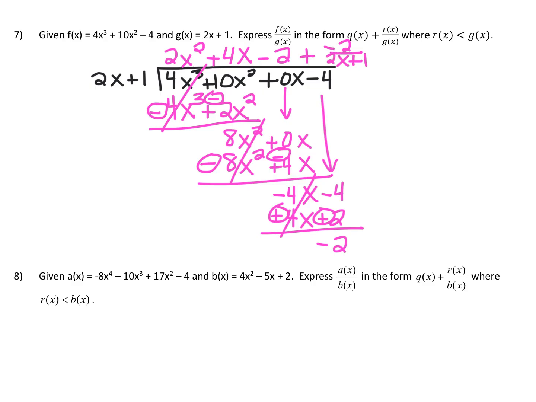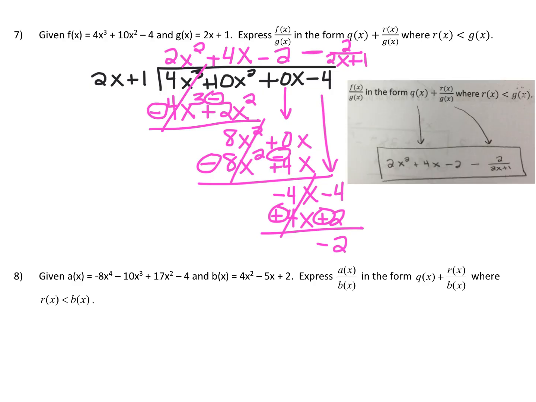So instead of having a plus negative, what we do is erase this plus sign and erase this minus sign. We take that minus sign and we put it right up here to separate our remainder from our quotient. Okay, so this right here is our answer. I just want to point out that this part of the answer is our quotient, and then the remainder over g of x.